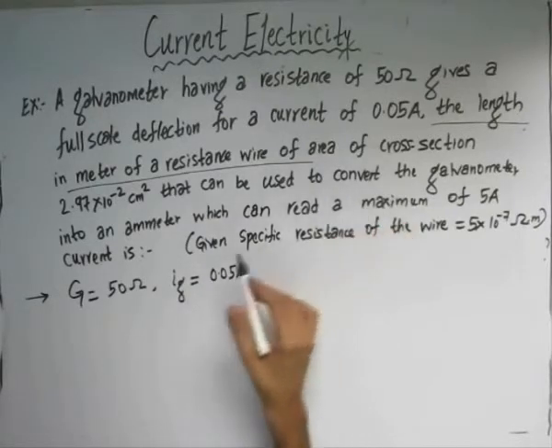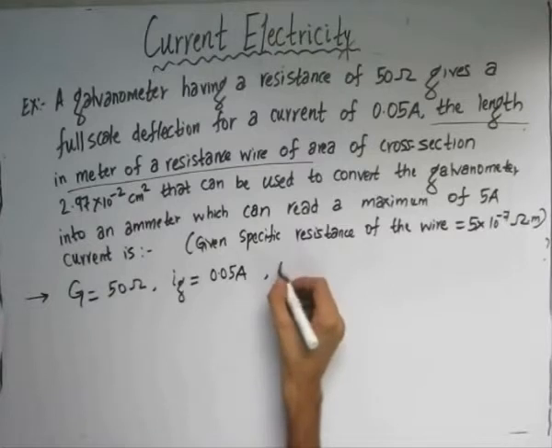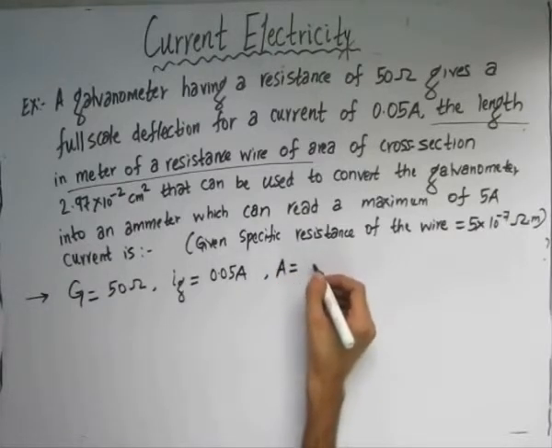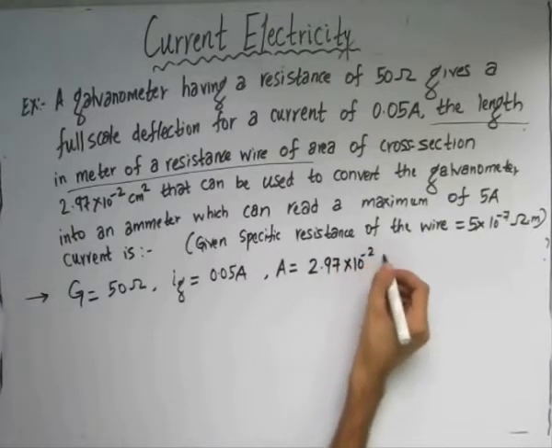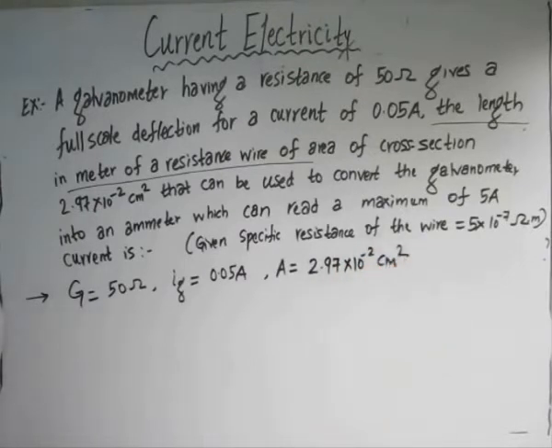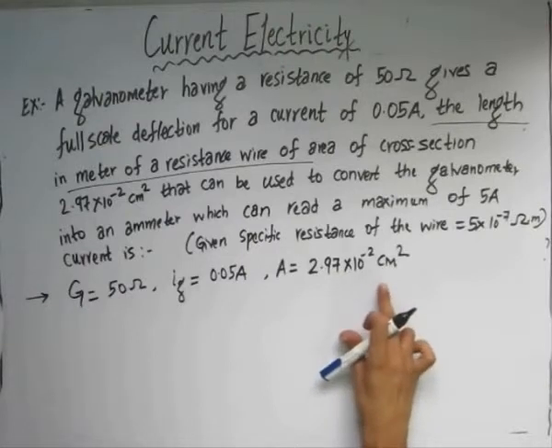The cross section of the shunt resistance is 2.97 into 10 to the power minus 2 centimeter square. Now generally we always follow SI units. In the SI system, the unit of length is meters.